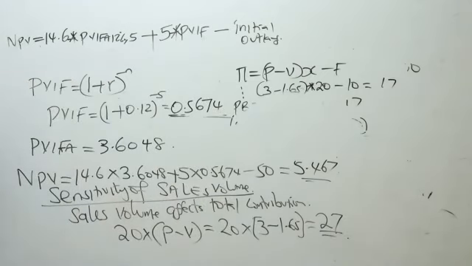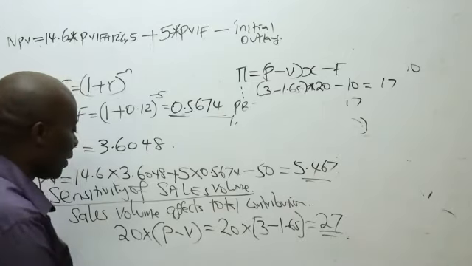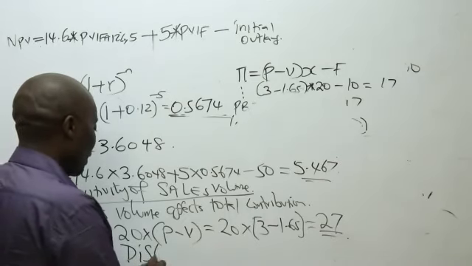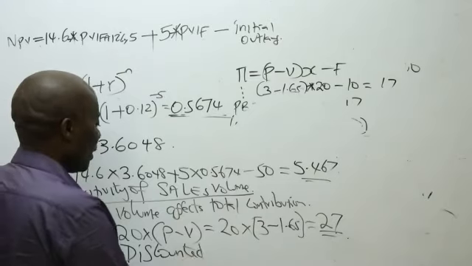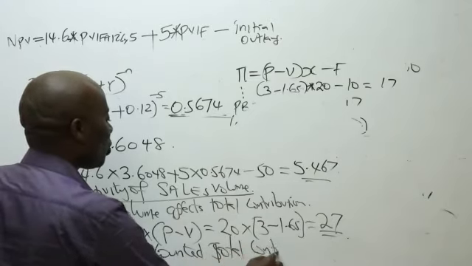Now, ladies and gentlemen, remember that this contribution is an annual figure. So I need to multiply this with the PV. Take this 27 and give us the discounted total contribution.